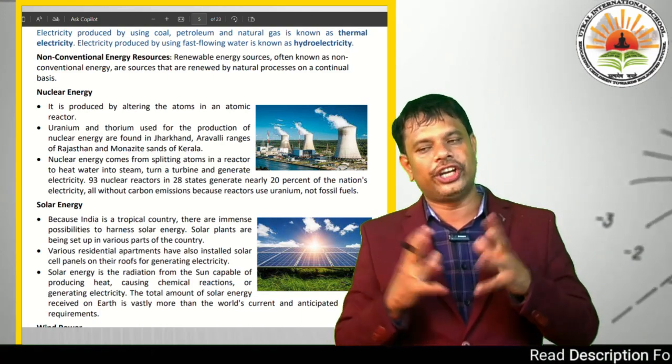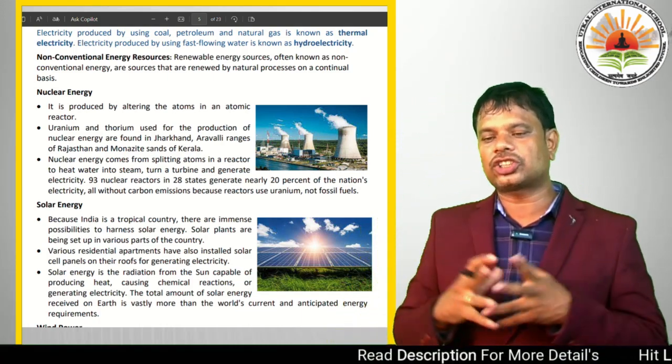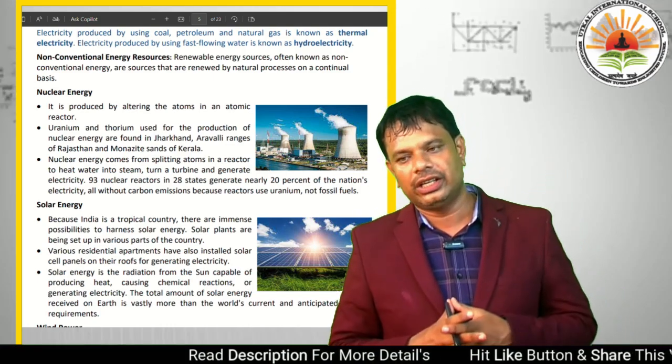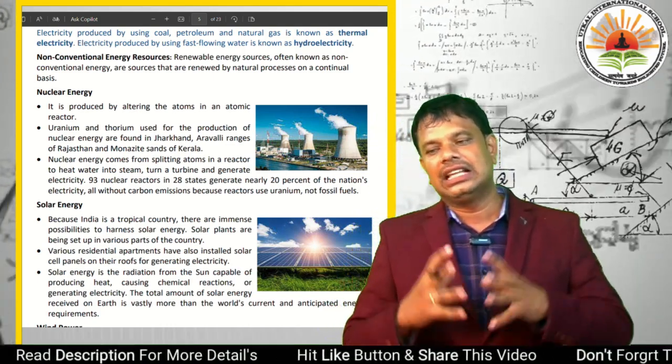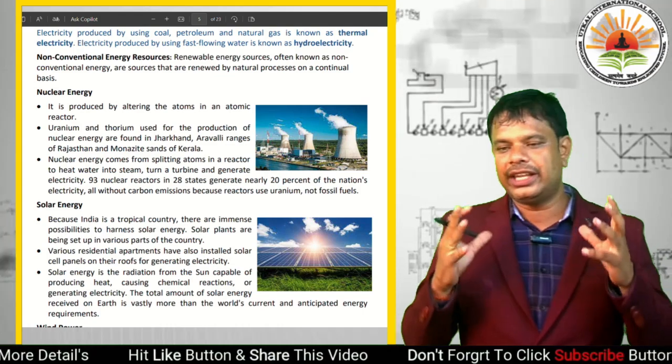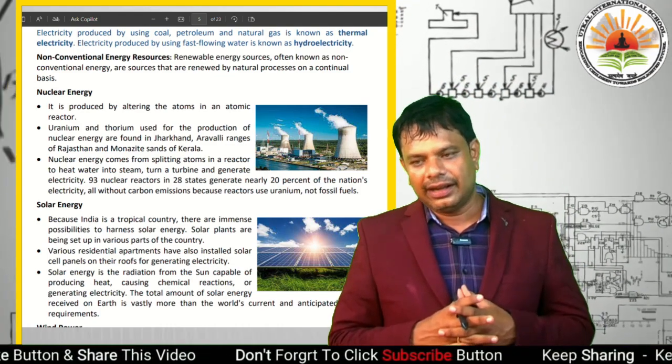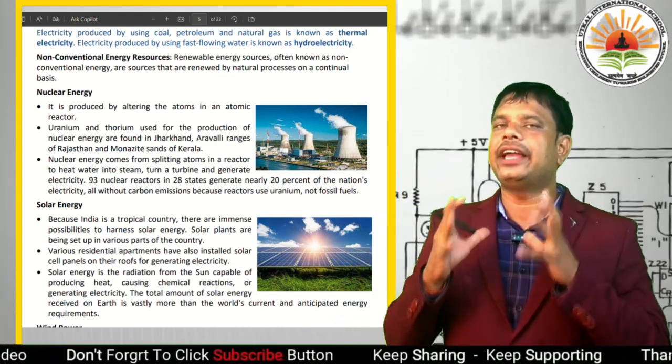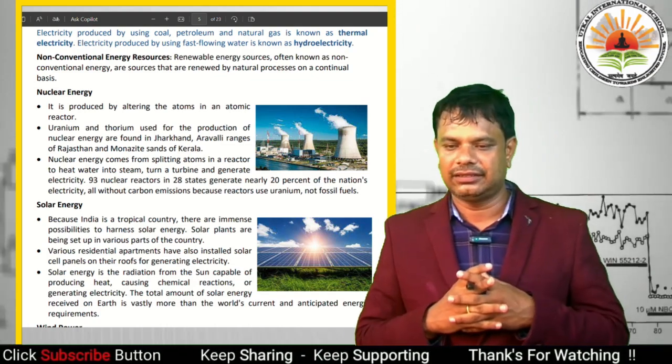Uranium and thorium used for the production of nuclear energy are found in Jharkhand, the Aravalli ranges of Rajasthan and some areas of Kerala.